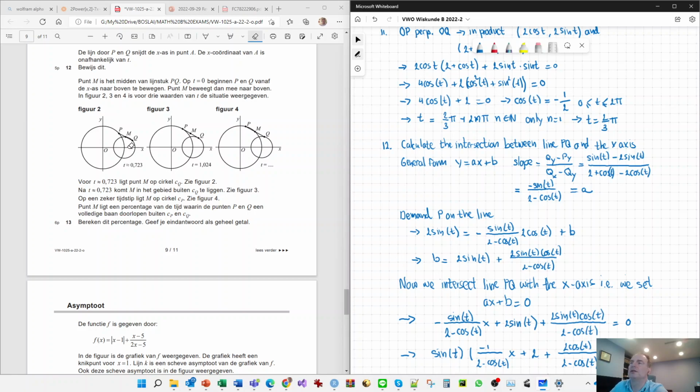So point M is exactly lying on the circle at this time.